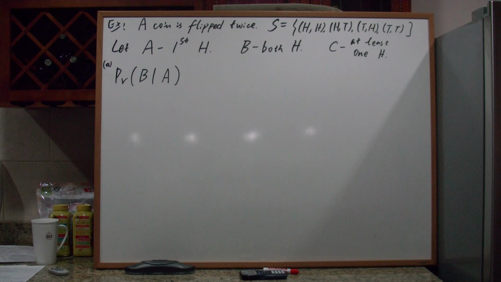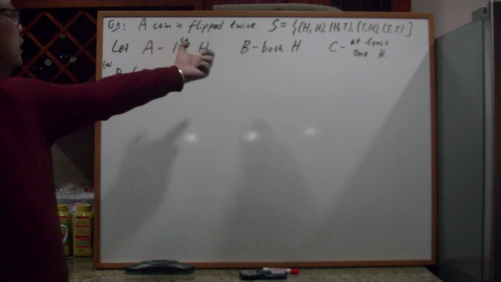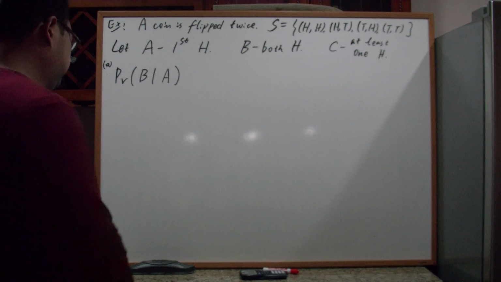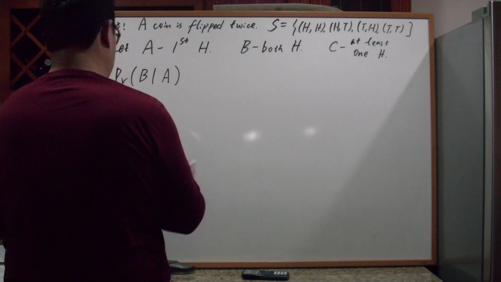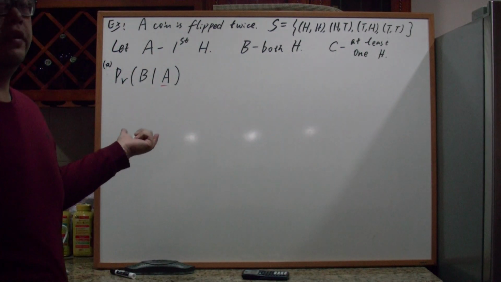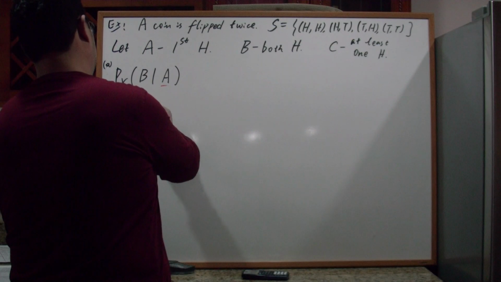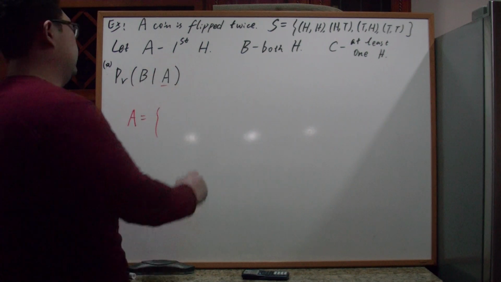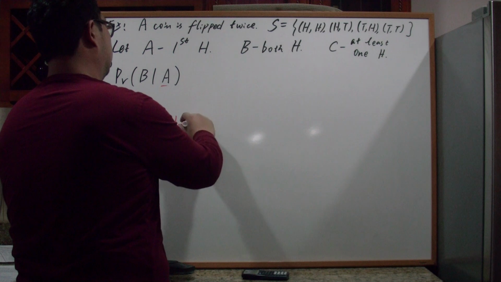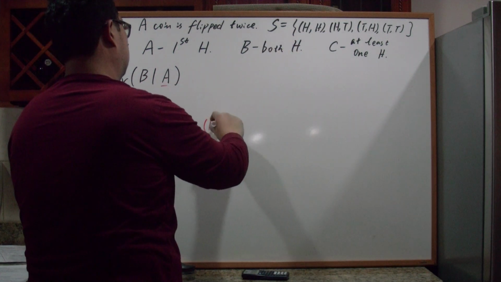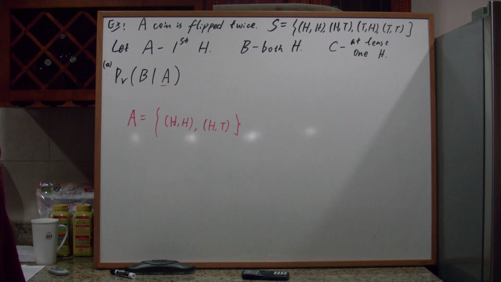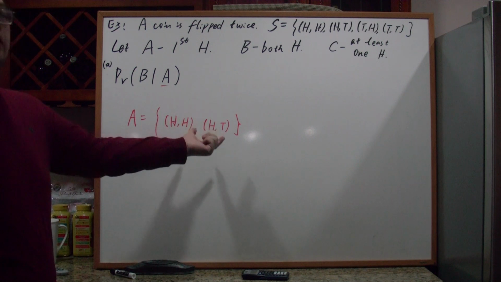Try to find the probability of B given A, which is both land on heads, given that the first one lands on head, focusing on the condition here. The A here is the first one is head. When the first is head, the second could be head or tail.